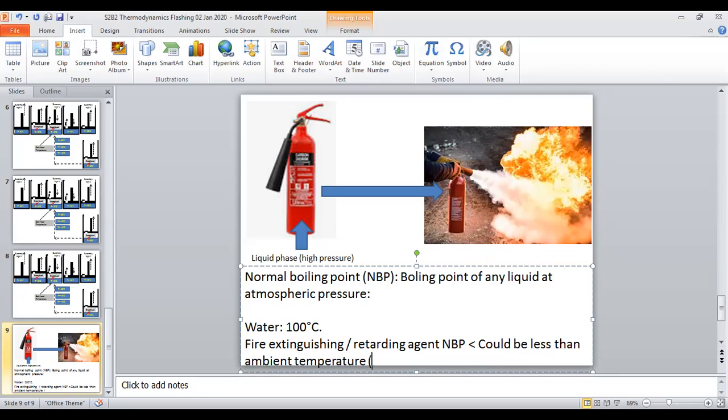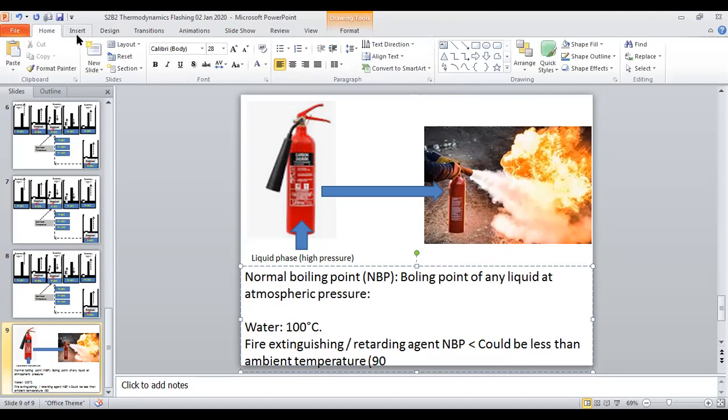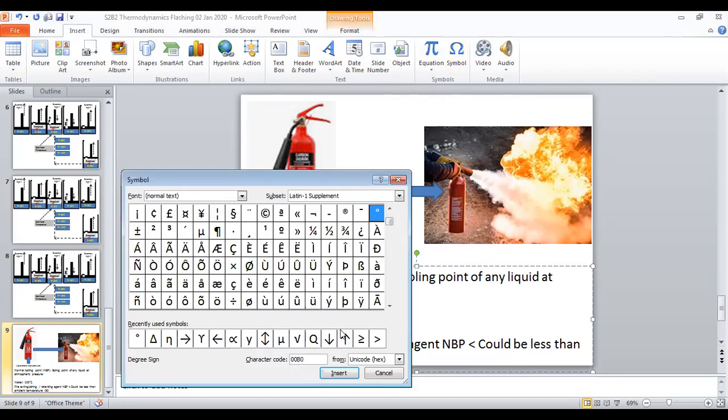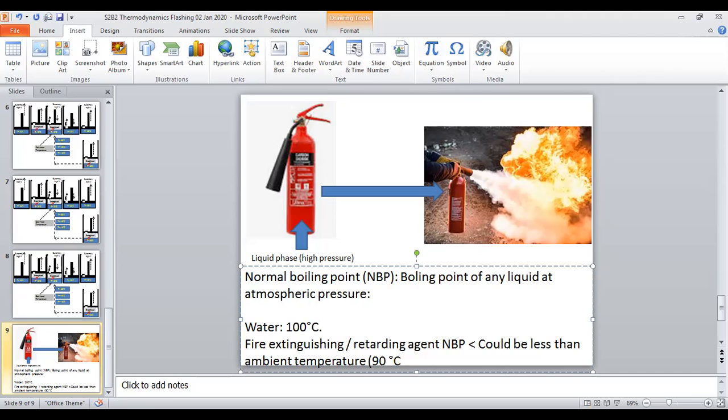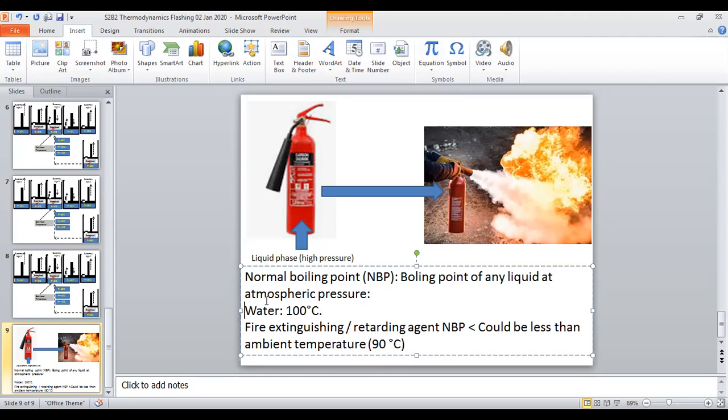Let's say at the fire maybe 90. I don't know, that's why it depends on the designs. Ambient during the fire time is quite high. Maybe less than ambient.